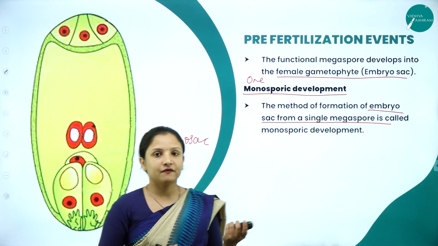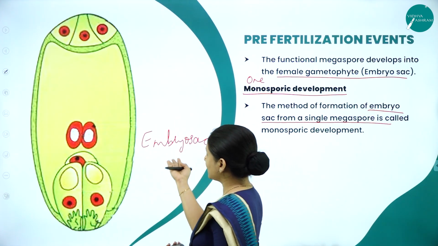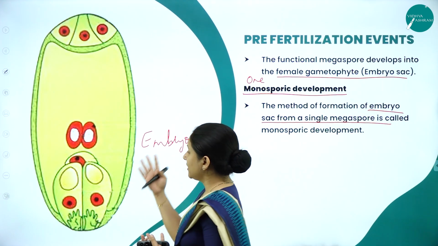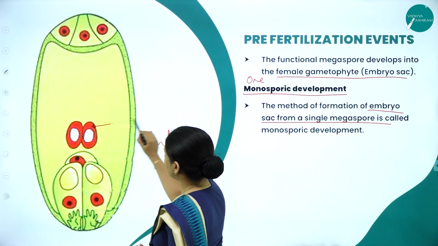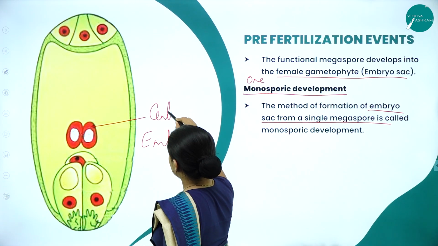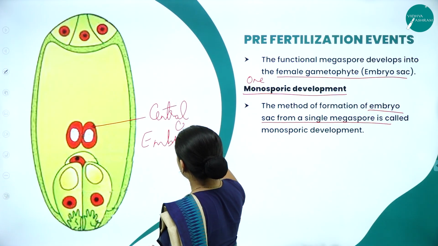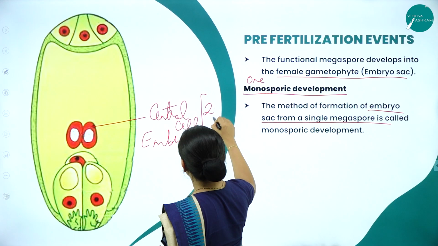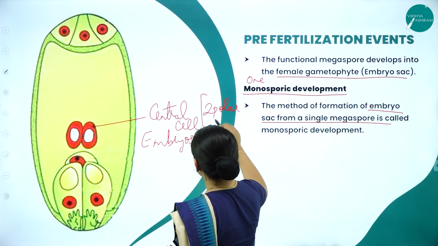If we brush up on what is inside the embryo sac, we have the central cell, which is made up of two polar nuclei.